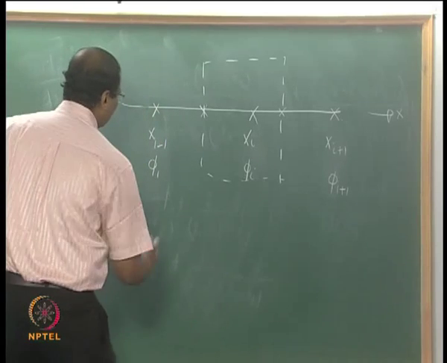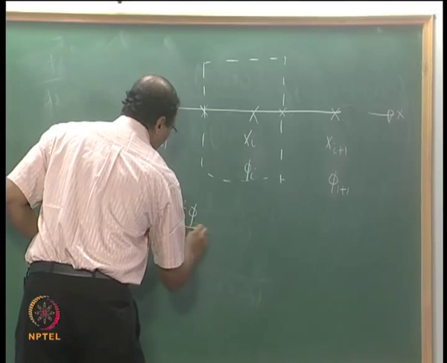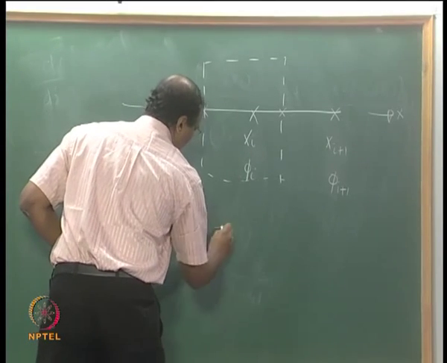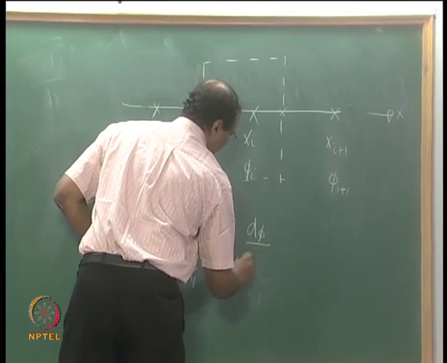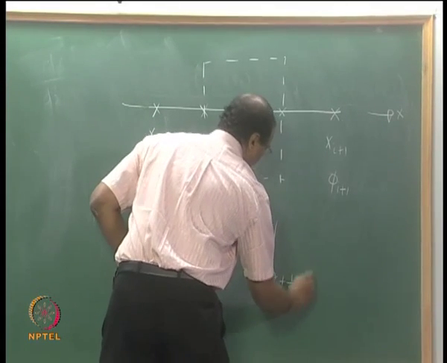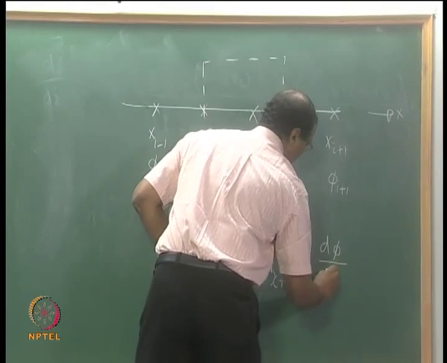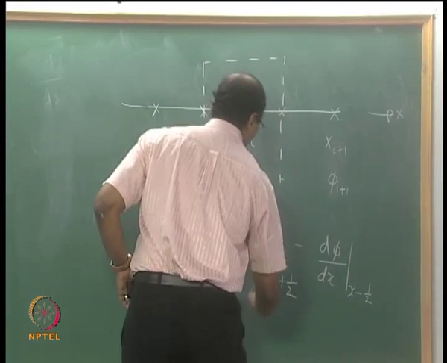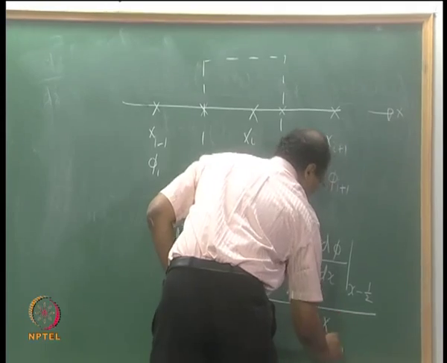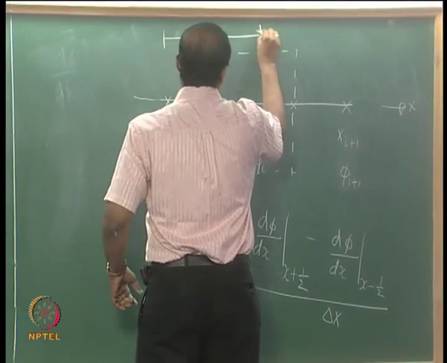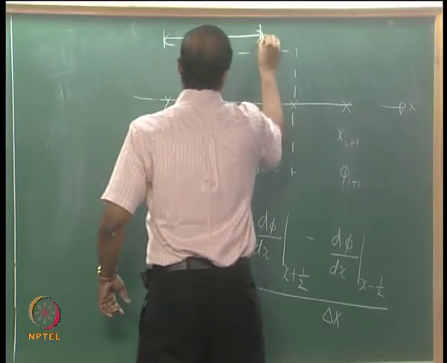Now I can say that at xi I am assuming that this is delta x, this is also delta x.